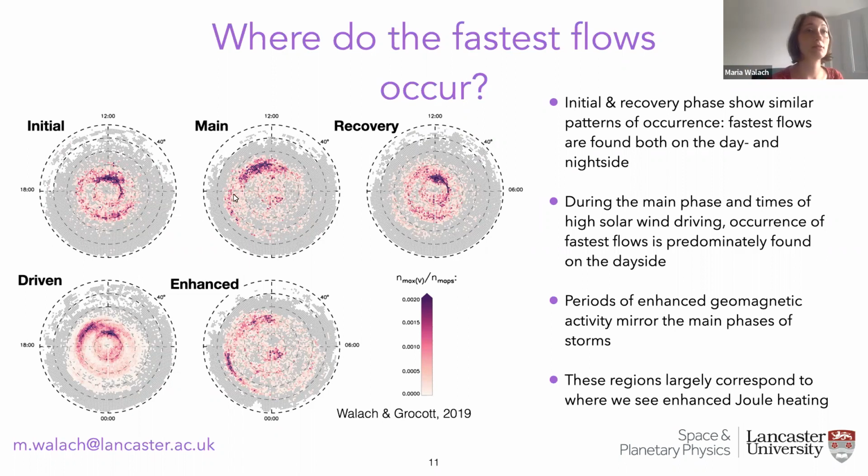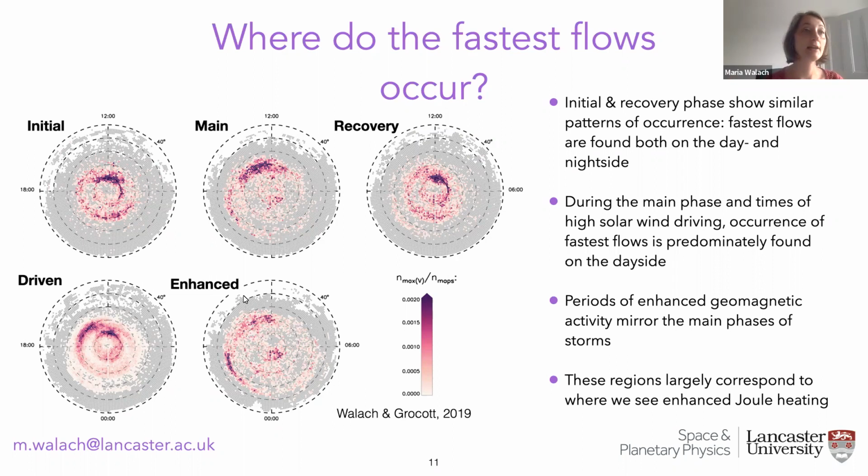There are some similarities in terms of seeing this activity on the day side. And then we have these enhanced times. So this is just times when the SMR index was enhanced below a quiet index. And this pattern largely corresponds to the main phase.